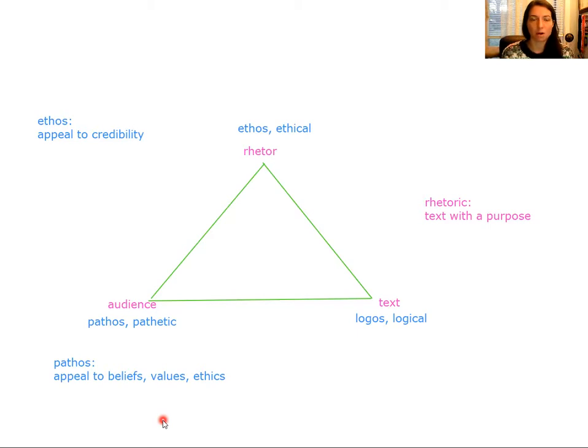You know, really, to some extent, what makes you credible with your audience is what you have in common with them. And so, again, this is why ethos and pathos, the rhetor and the audience, are connected.